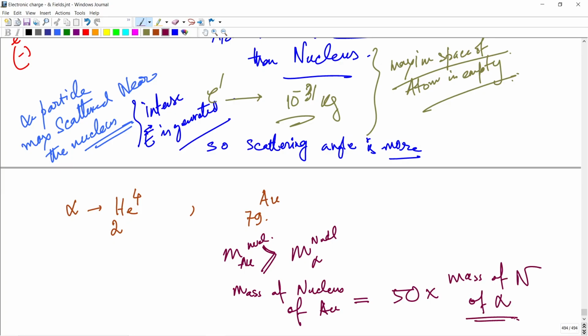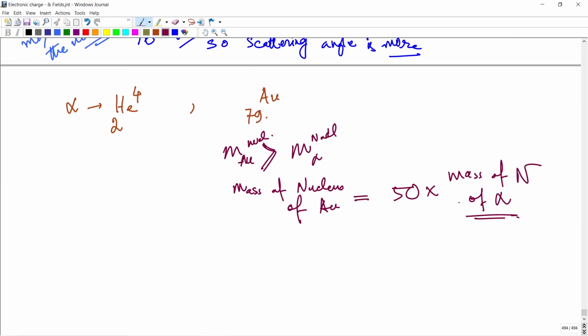Since these are charged particles, there is a force between them, an electrostatic or Coulombic force, as you know from the first chapter of class 12.